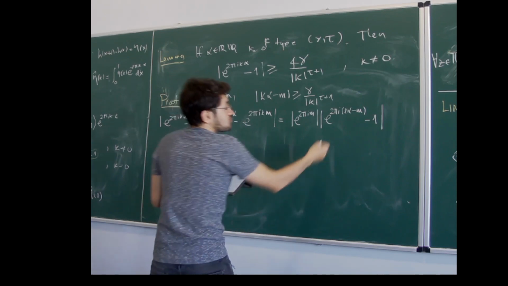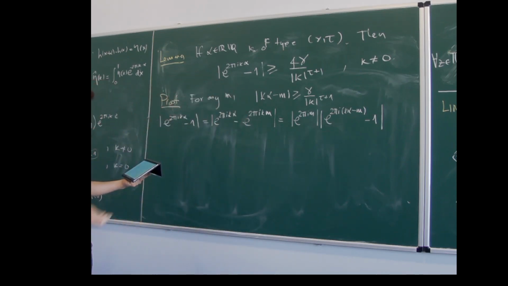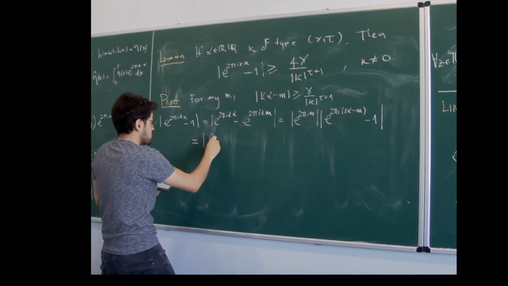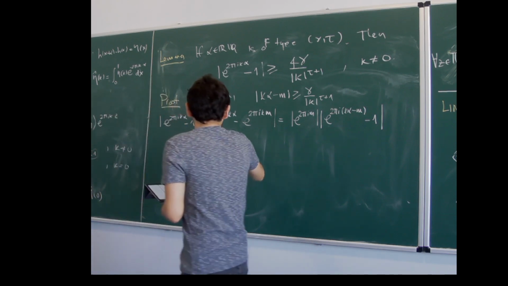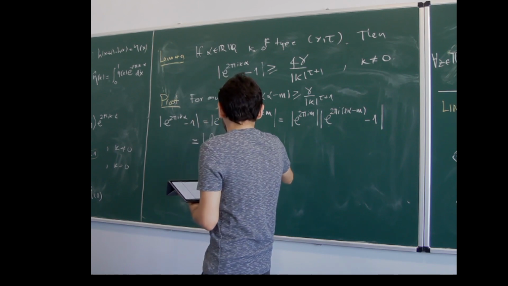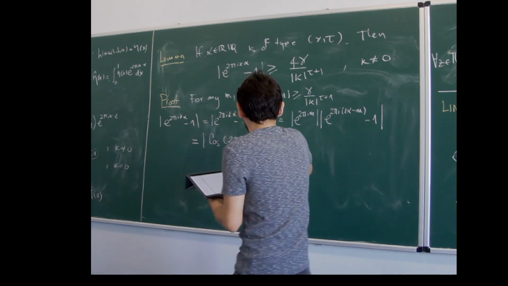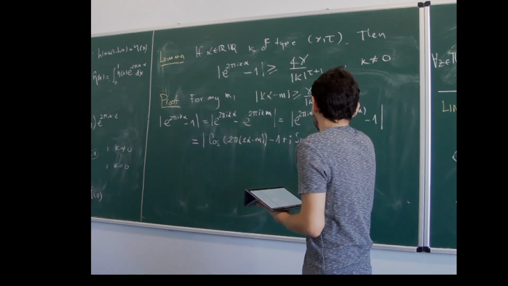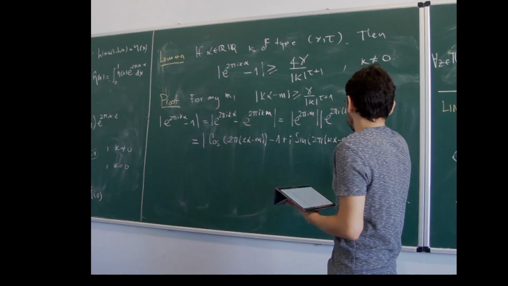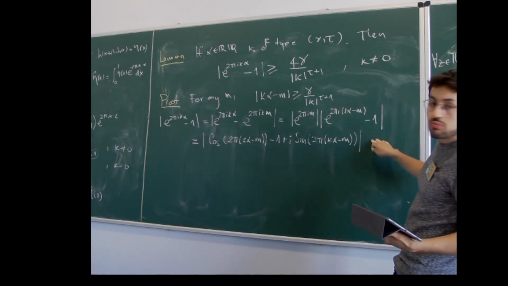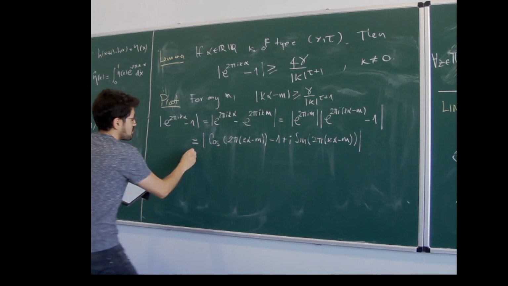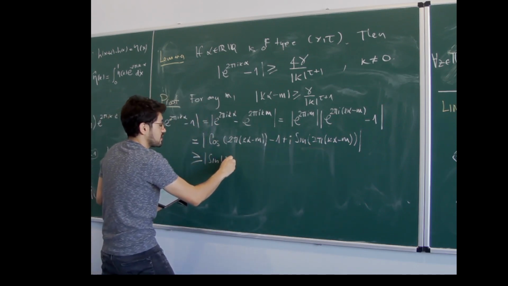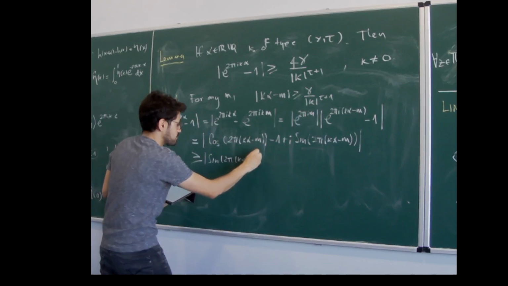And then I just use the expression for e to the I, so I can say that this is equal to the cosine of 2 pi k alpha minus m, minus 1, plus I sine of the same thing. Then the norm of this is bigger or equal than the norm of its imaginary part, so I just take this sine of 2 pi k alpha minus m.